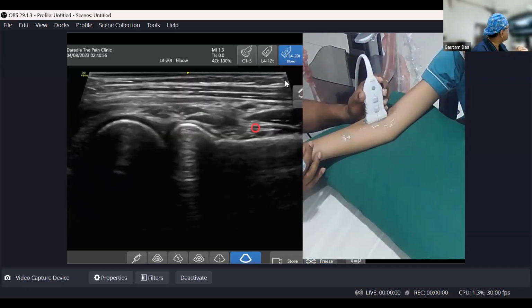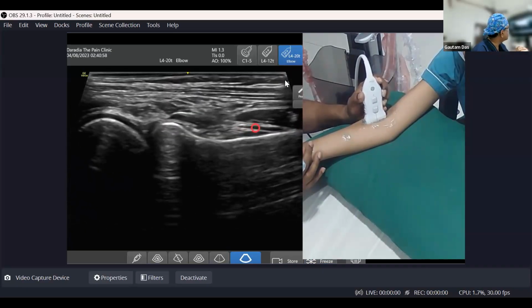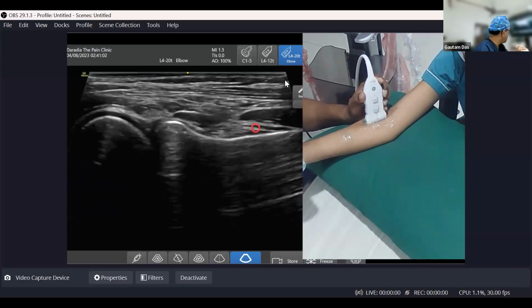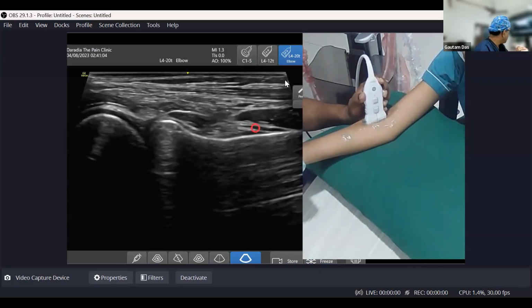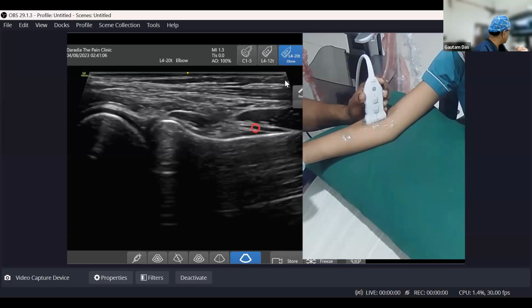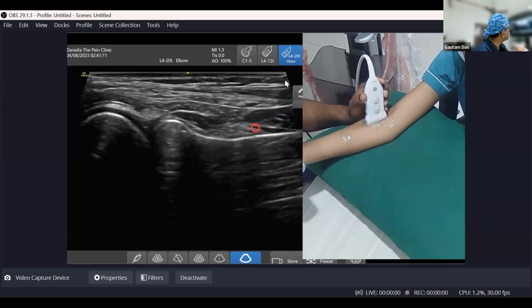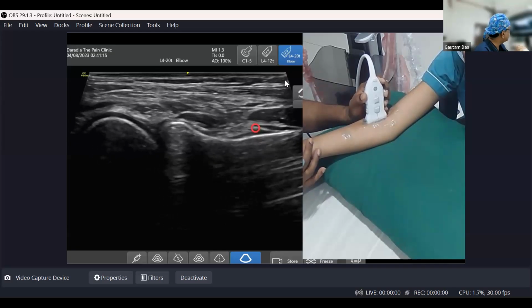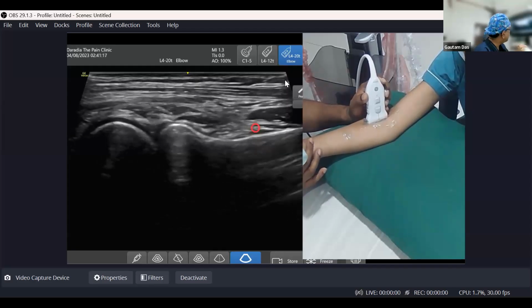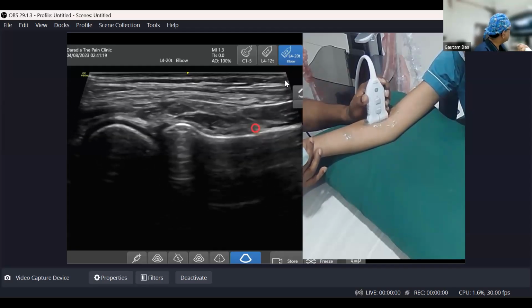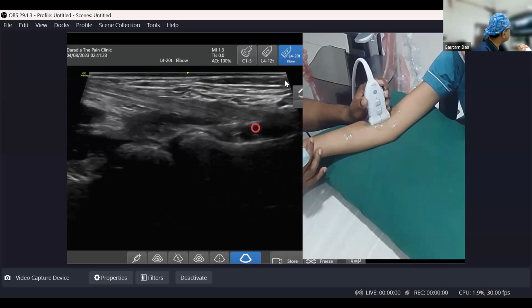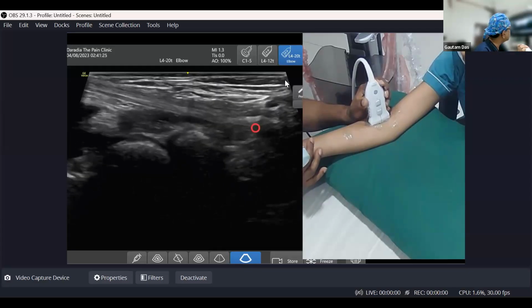So if I'm coming here, I cannot see it. See, this is why: because I can see the radius very nicely. If I'm seeing the radius very nicely, I will not be able to see the tendon, because the tendon is a little more towards the medial side. So at this point, if I am going medially, you see now the tendon is very nicely seen.